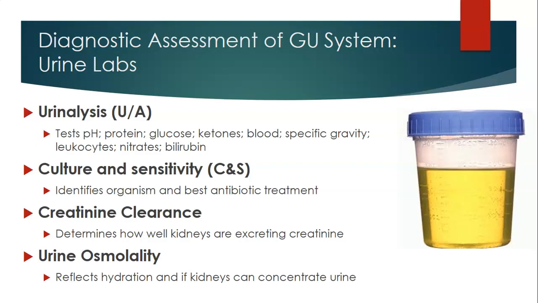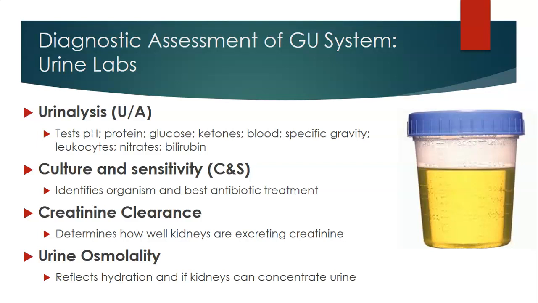If that comes back as yes, this person probably has a urinary tract infection, they will grow it out and they will do a culture and sensitivity. So they'll grow it out and they will be able to identify the organism that is causing the urinary tract infection. And then they will also perform sensitivity testing on it, so they will be able to see what antibiotic will be best used to treat it, so we can really tailor treatment for a urinary tract infection.